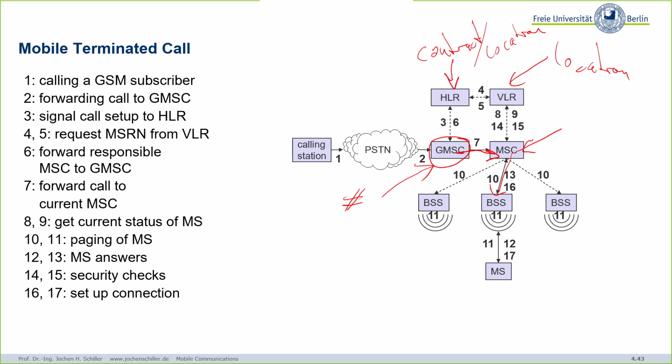The network has to know quite a lot, in the end also for charging. You have to count the minutes, or, when you come to GPRS, you have to count the bytes you use, and you will be charged according to your contract. So this should just show you that you leave a certain trace across the whole system.